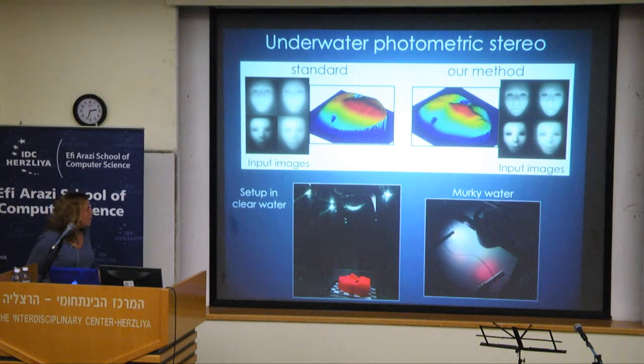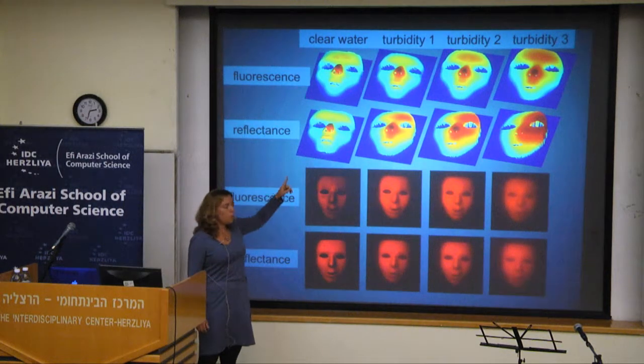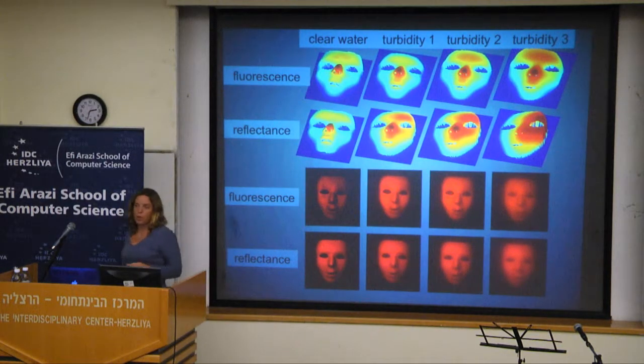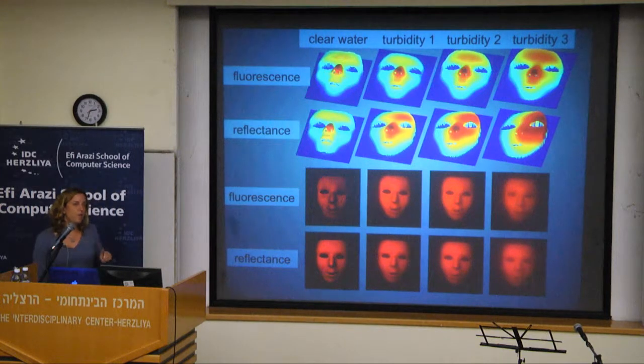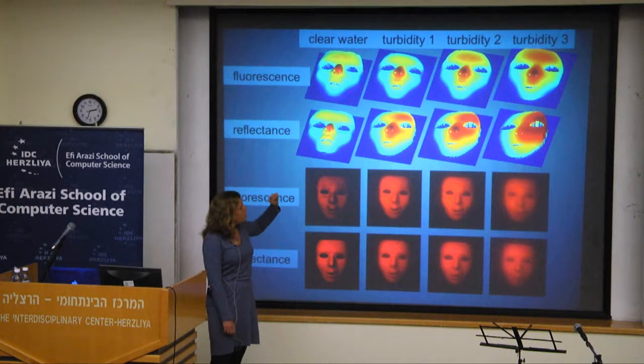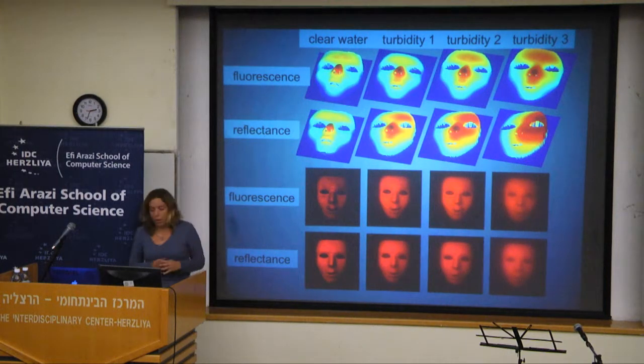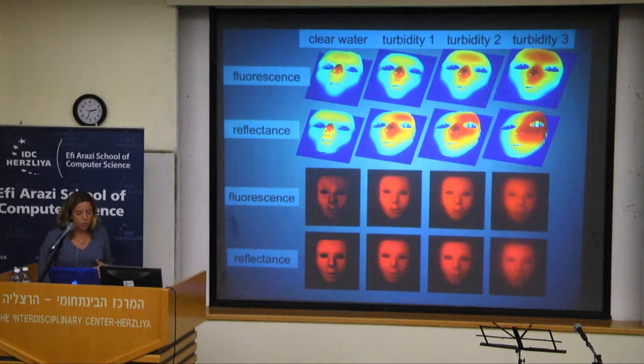And what's nice is when you increase the turbidity of the water, you can see that the top row is our results. They're stable. What you see is the blur affects the resolution of the reconstruction of the details of the mask. But the bottom row gets more asymmetric and with less details.